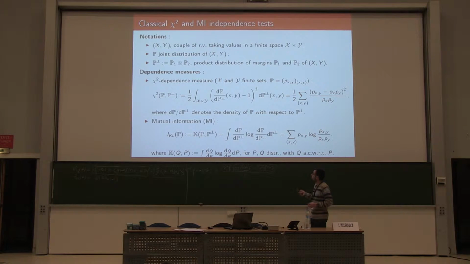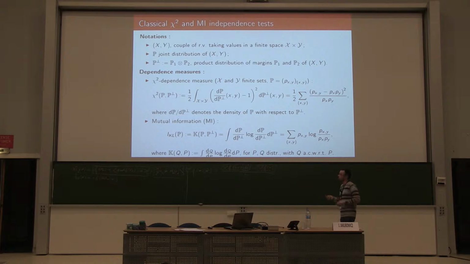But you can also consider as an alternative the test based on the mutual information, that is the dependence measure that you obtain considering the Kullback-Leibler divergence between the joint distribution of the couple of random variables and the product of the marginal distributions.